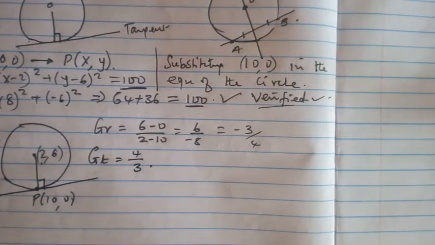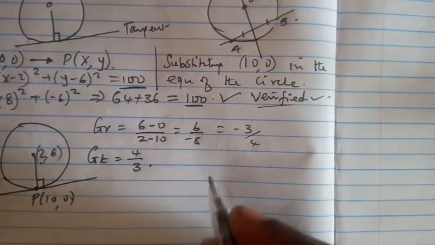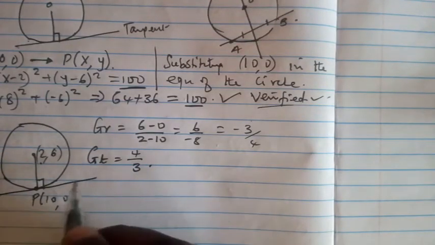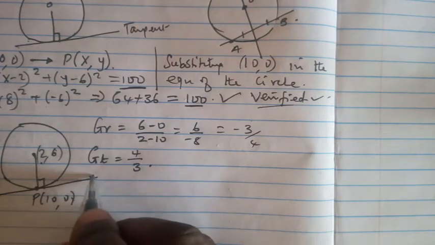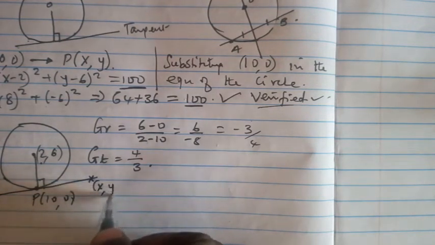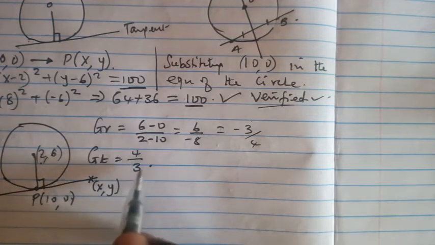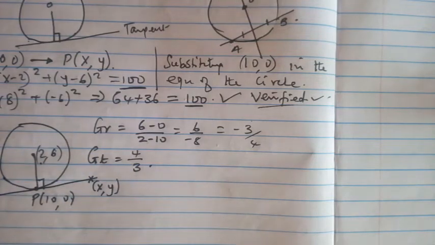Now we look at this tangent, and assume it passes through many other points, and one of them is (x, y). We are sure that if we establish the gradient from this, we will get 4 over 3.